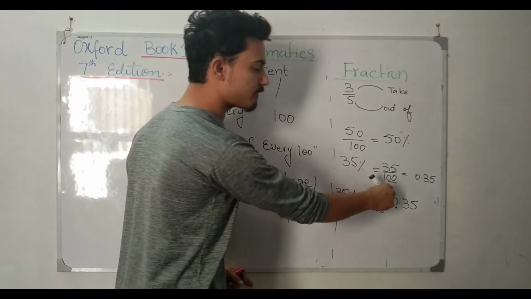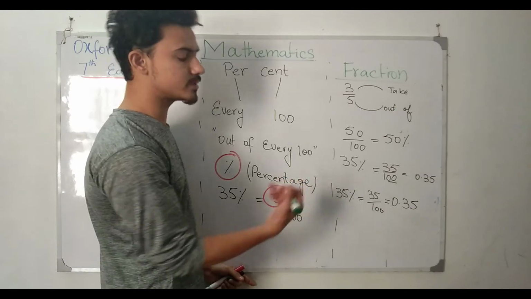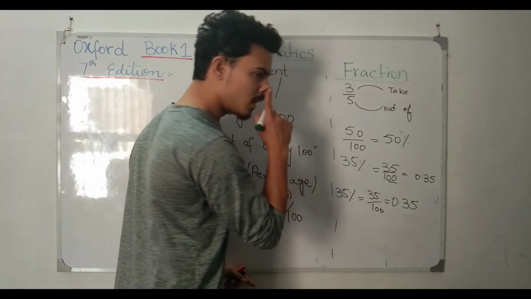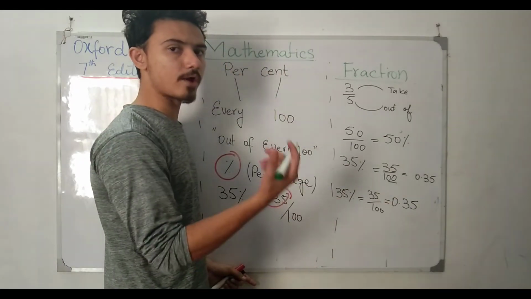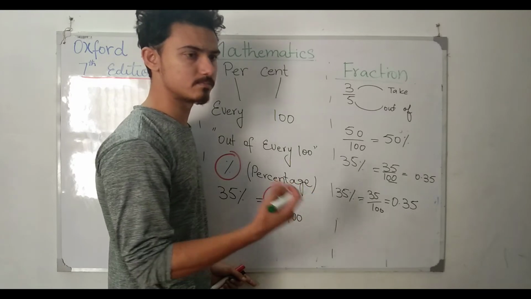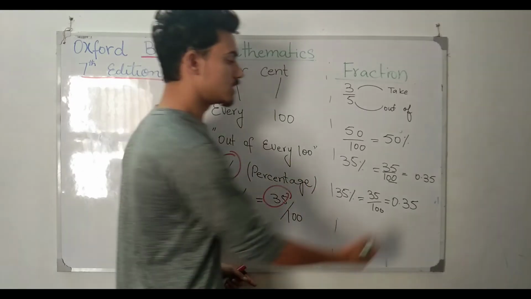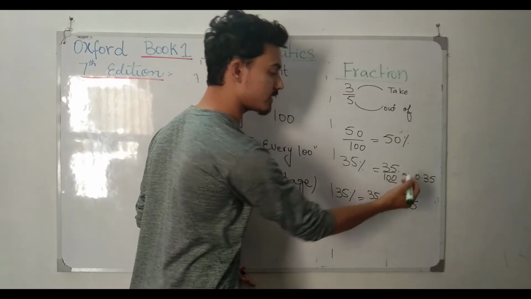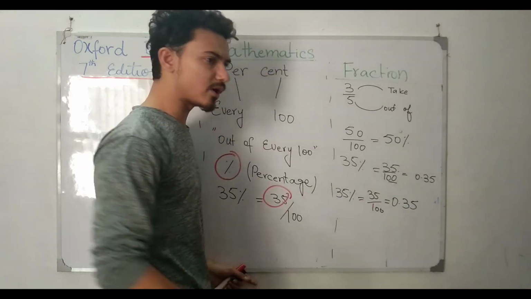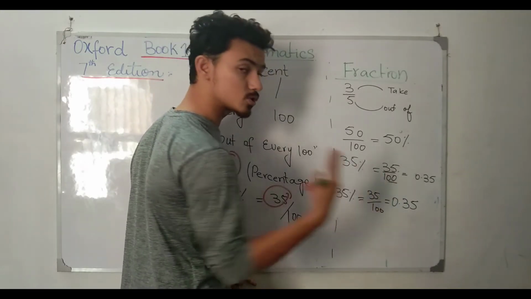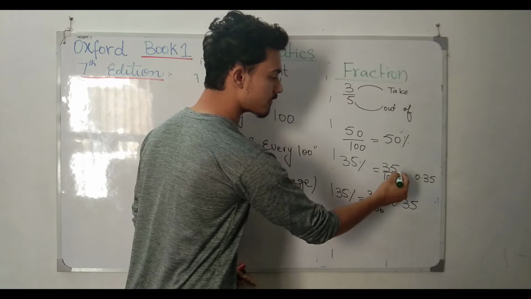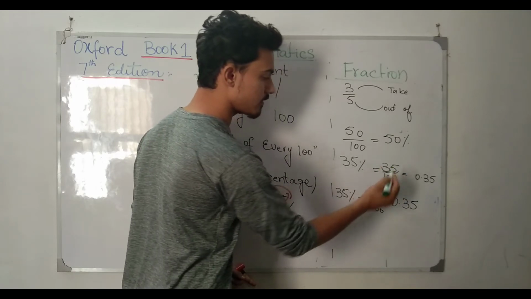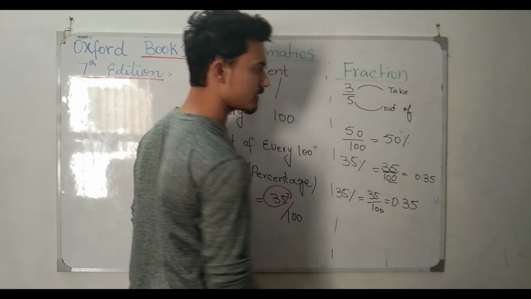Suppose in this fraction you have 2 zeros, obviously you have 100 here. So what we do, in a normal value, an integer value, your decimal sign lies on the most right side. If your value is divided by 100, meaning 2 zeros, your decimal point will move 2 steps, meaning 0.35.